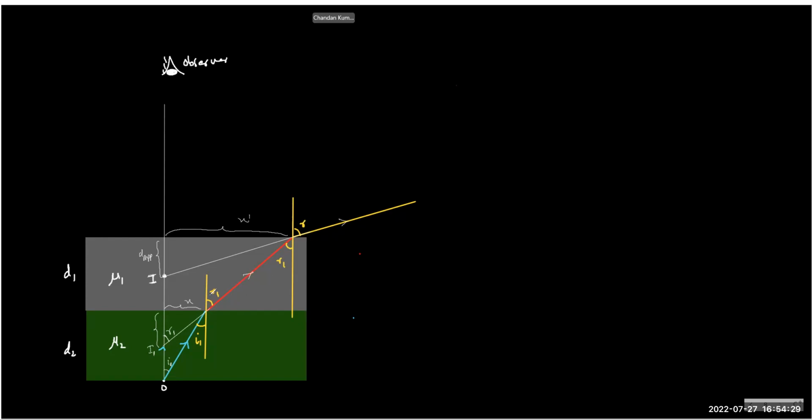So derive the final D apparent from this ray diagram. You can use the approximation because it's a near normal incidence. Ignore the diagram which we have drawn here. So try this out. At least you will realize what we are doing.